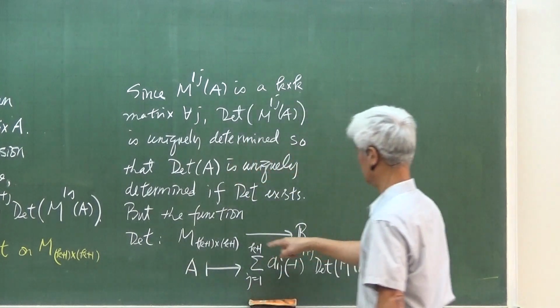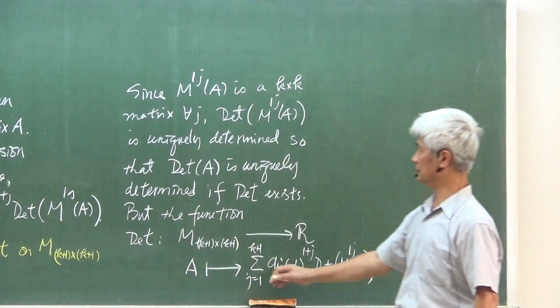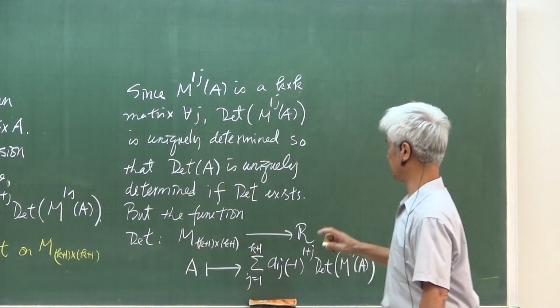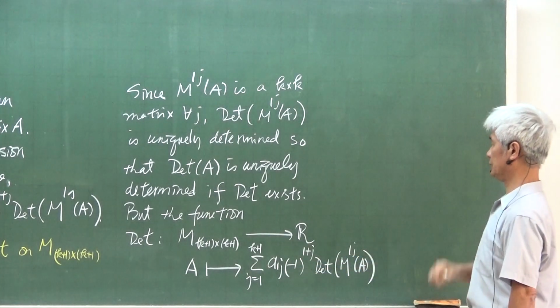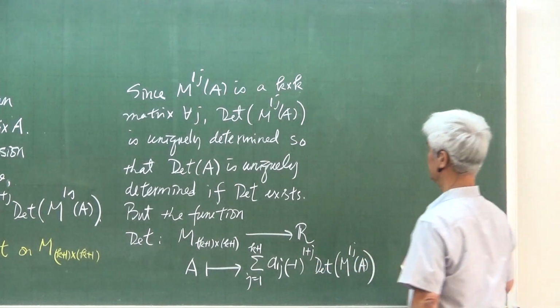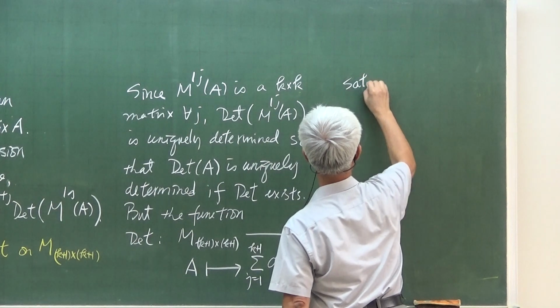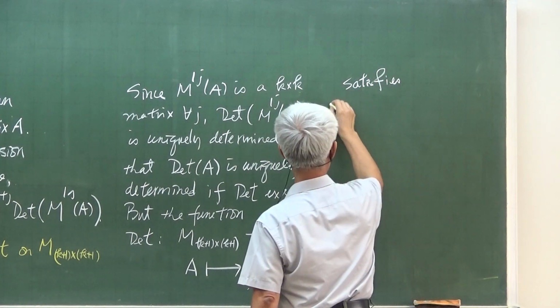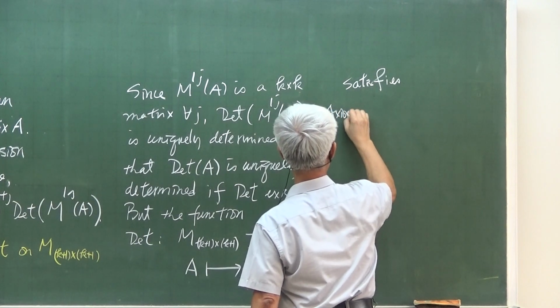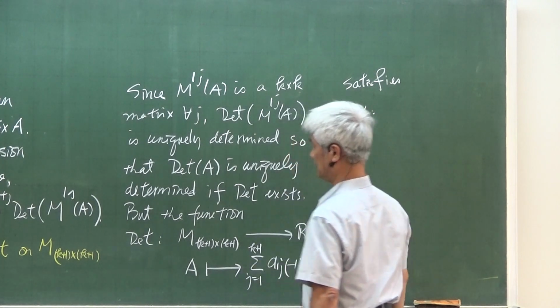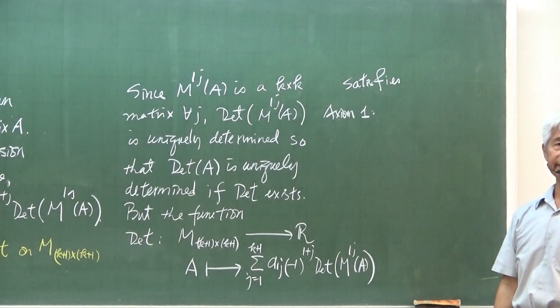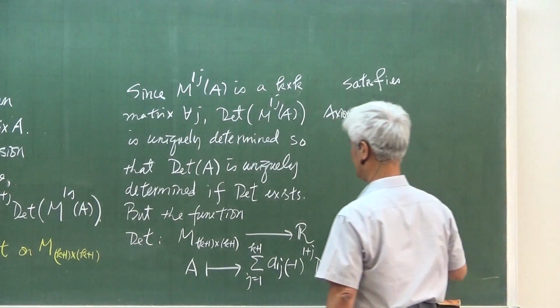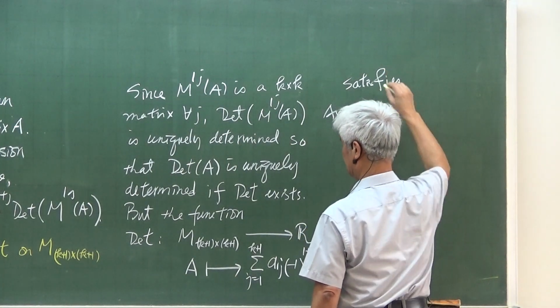So we define, from any such matrix, a map to this one, and the function satisfies the axioms. We can check them one by one.